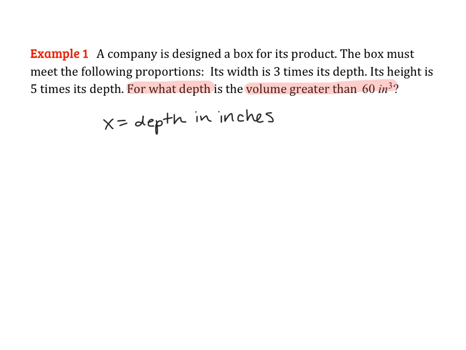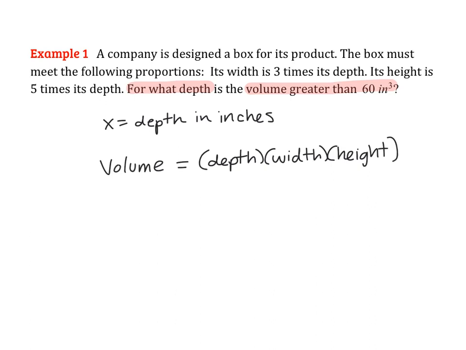Okay, so now we want to see if we can make an equation that models the volume of this box. So we know that the volume of a box can be found by doing depth times width times height.